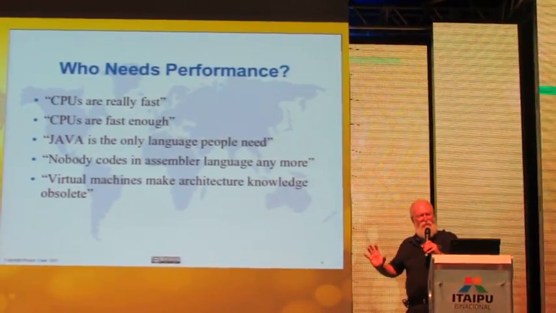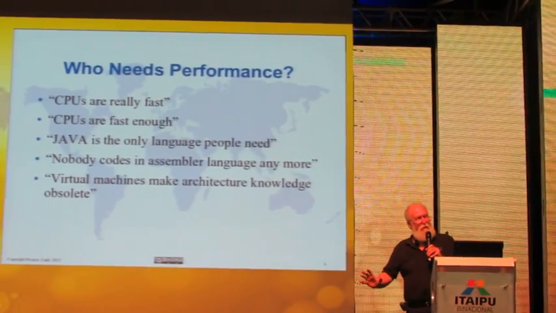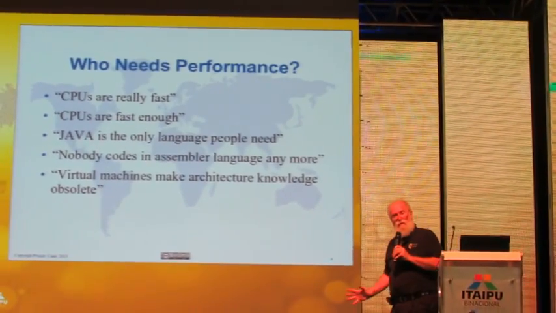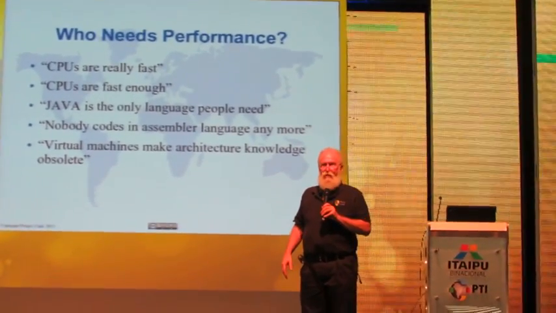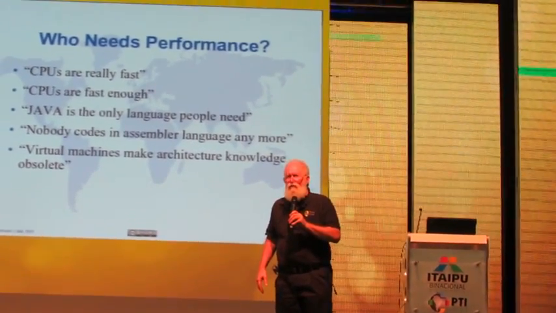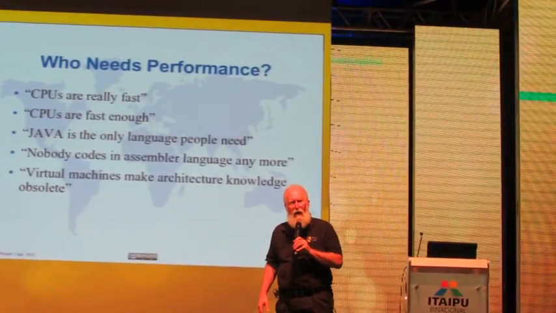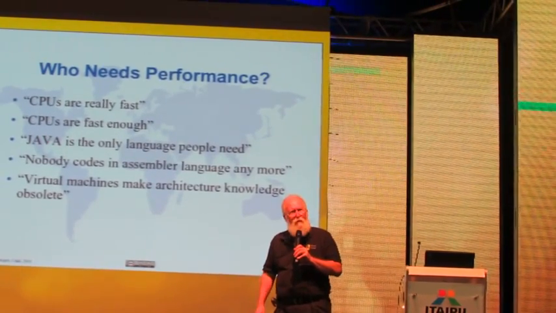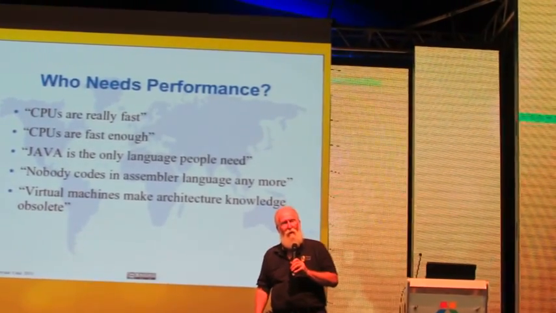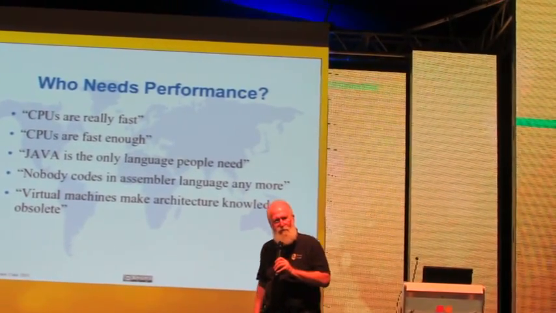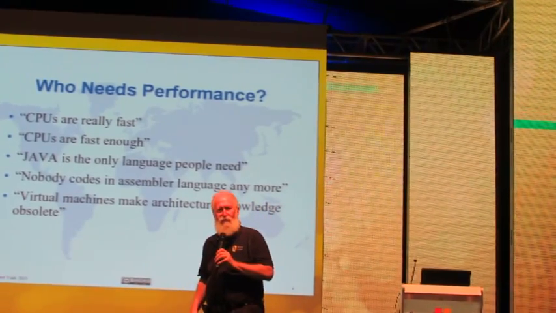CPUs are fast enough. Now, I've been in the computer field since 1969, and every 3 or 4 years I'll hear people say, wow, CPUs are really fast. They're doing 1 million instructions per second. Wow, CPUs are really fast. They're doing 10 million instructions per second.